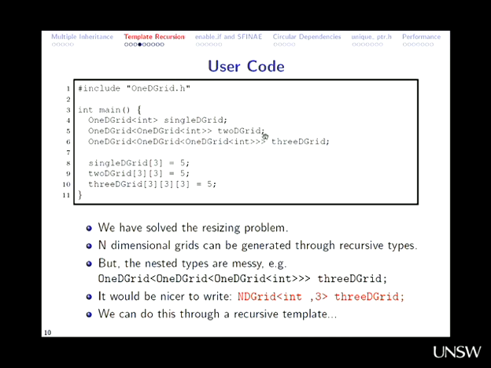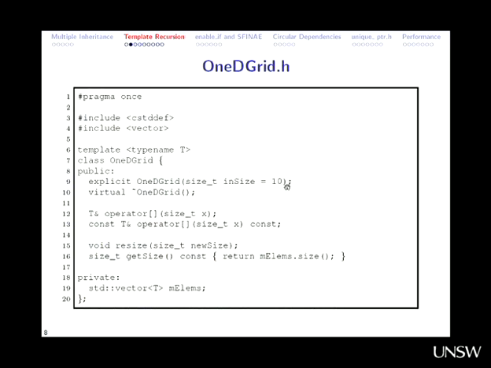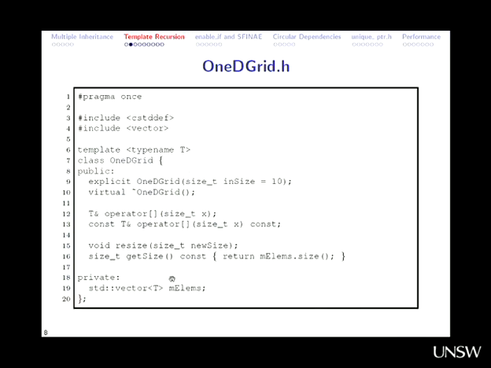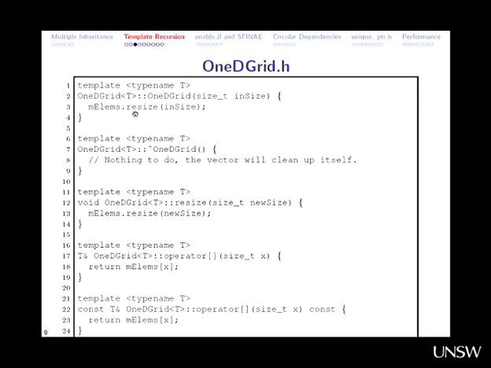That will have size 10 by 10, because of the default argument, size 10, inside the constructor. Where's it defined? Here it is. See our private data member called m elements, it calls m elements.resize.